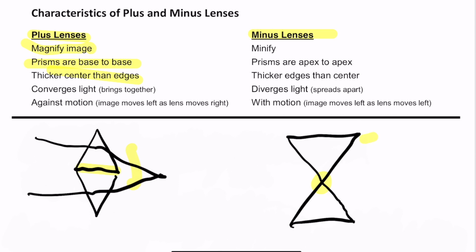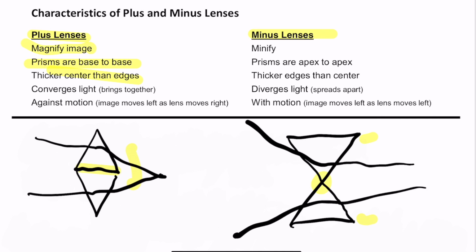They are thicker at the edges than at the center, and they will diverge light rays, meaning that, again, the light rays bend towards the base, so they're going to diverge light rays. And they will have with motion, meaning when you hold a minus lens out and you look at an image through it and you move the image to the left, the image in the lens will move to the left.